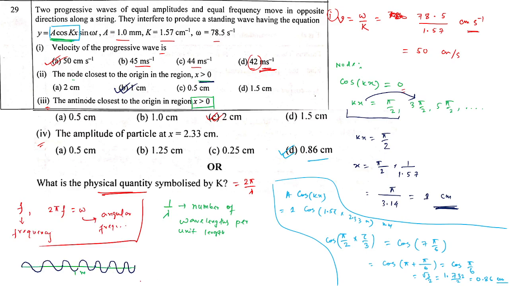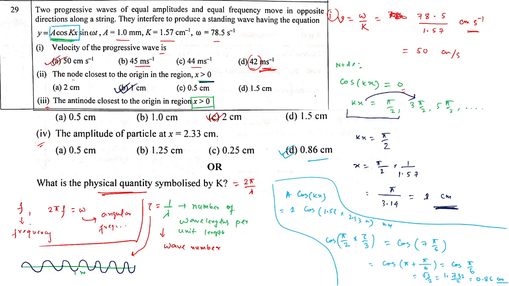So in this case, the value of 1 by lambda will be 7. This is just an example. If there are 7 wavelengths in 1 meter, then the value of 1 by lambda is 7. The number of wavelengths per unit length. And the name of this quantity 1 by lambda is wave number.